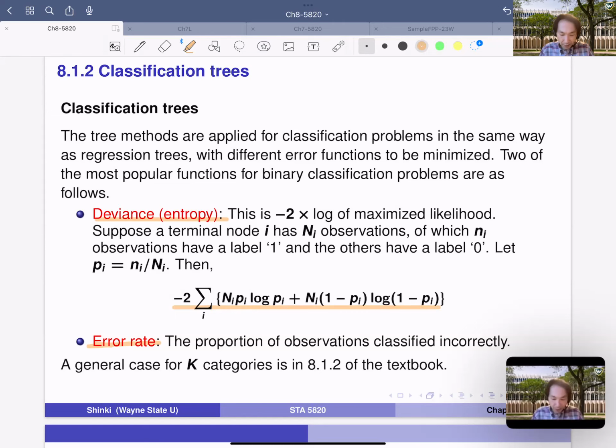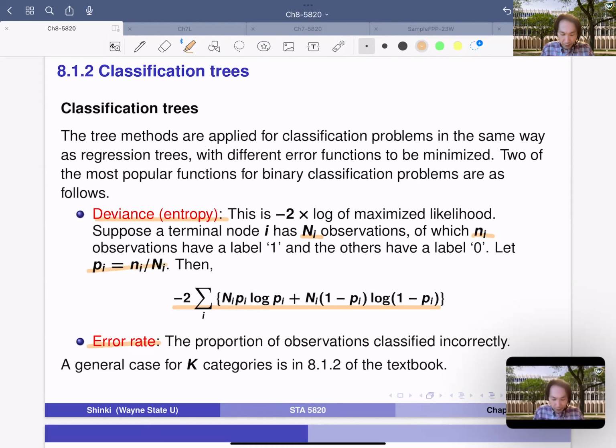Maybe to be exact, suppose that the terminal node i has Ni observations. When we make a tree, we impose some assumptions. For example, if the sample size is too large, then we assume that each node will have at least 100 observations or something, and then we stop at this point. Suppose that the terminal node i, that is the specific region, has Ni observations, of which lowercase ni observations have label 1 and the others have label 0.